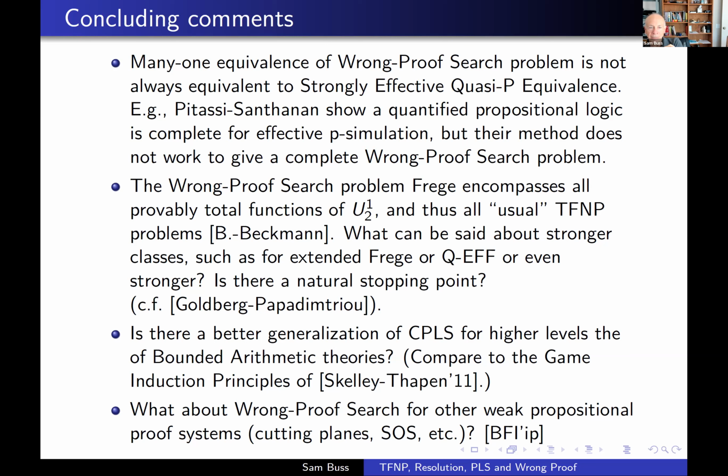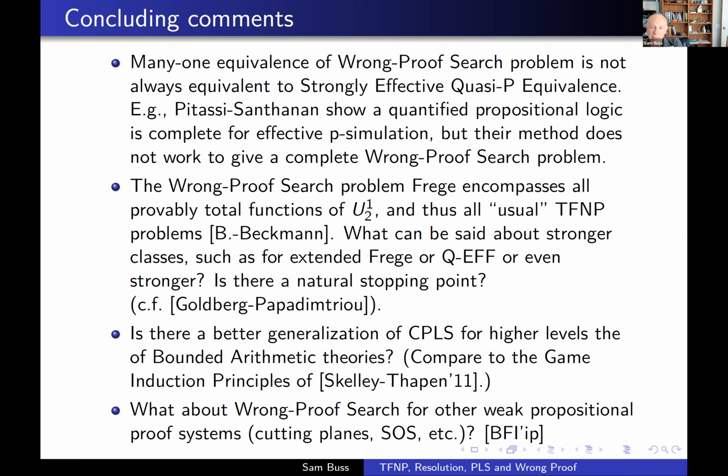The third bullet point is partially answered by Neil in his talk. I hope he doesn't mind my asking this question, but it seems to me we have CPLS as a really beautiful theory for T^2_2, and there's various things above that, like the game induction principles, and I guess LI_k, the local improvement principles, can be put up there.